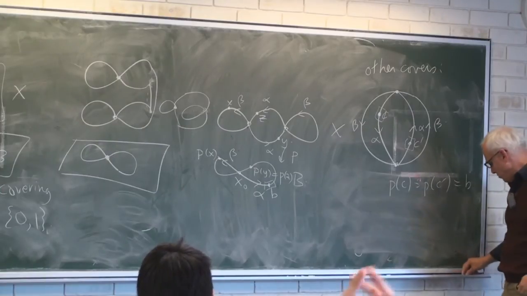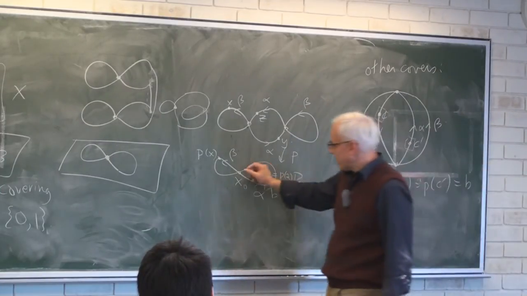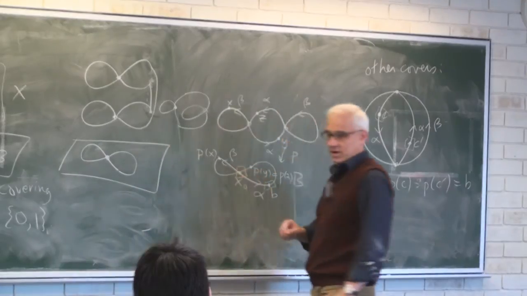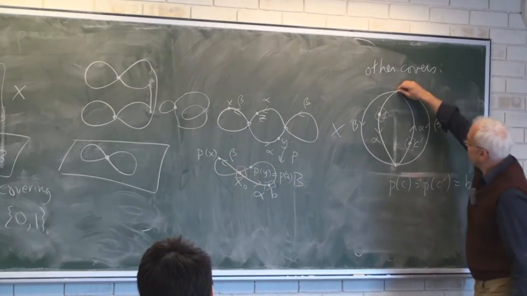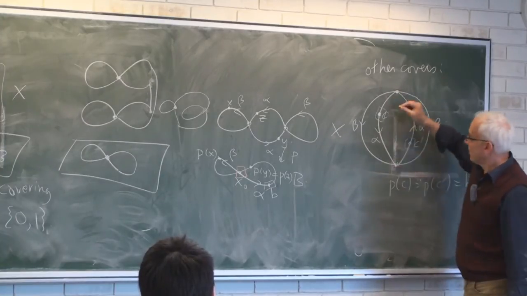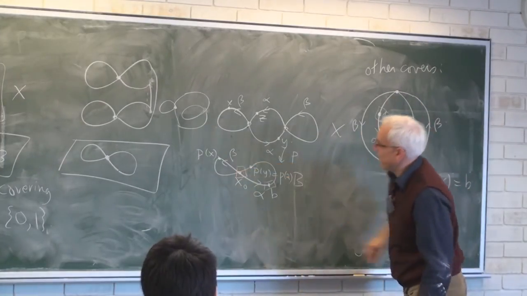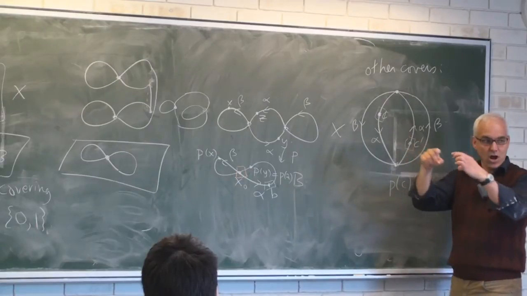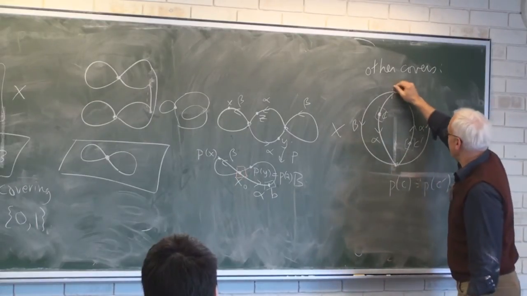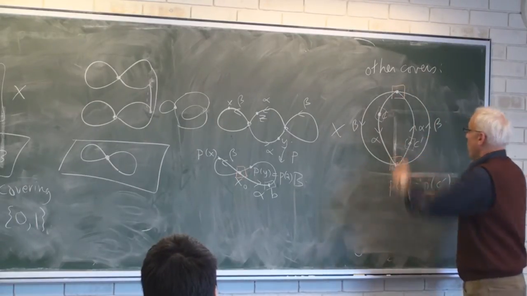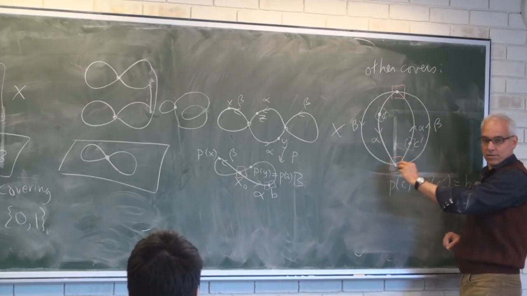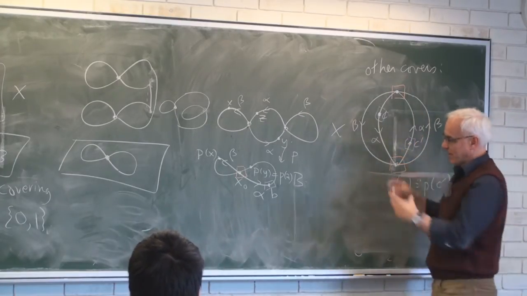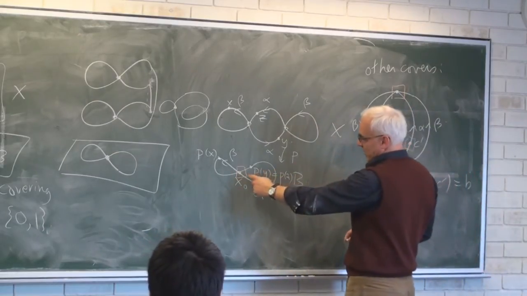More interesting and more important to check is what happens to x0 and its inverse image. So the inverse image of x0 consists of both of these points. So if we choose some neighborhood of x0, which has 4 little arms coming in, then we see that here also we have 4 little arms coming in and 4 little arms coming in. And the nature of the edges coming in is the same as it is here.